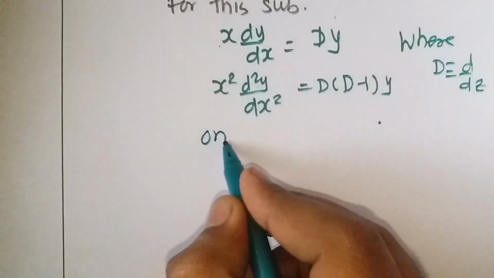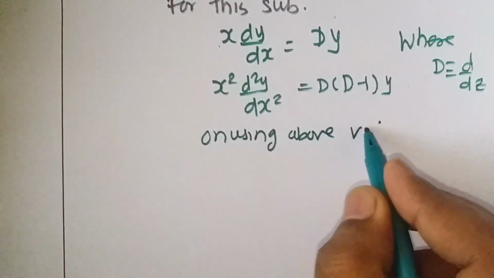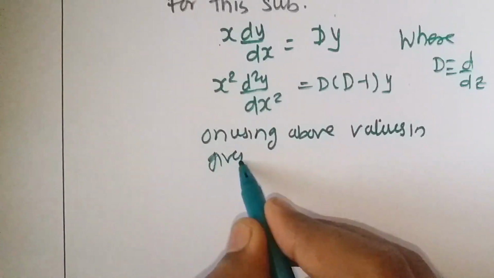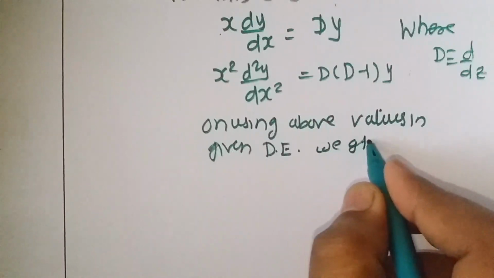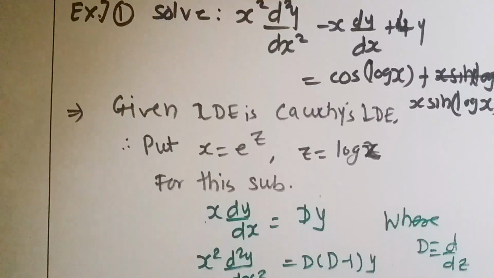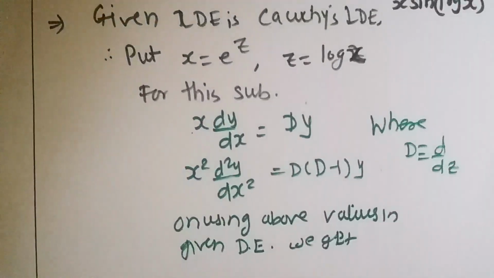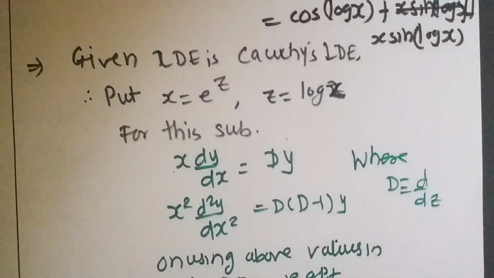Therefore, on using the above values in the given differential equation, we get x square d2y by dx square replaced by D into D minus 1 y, x dy by dx replaced by Dy, and plus 4y as it is.